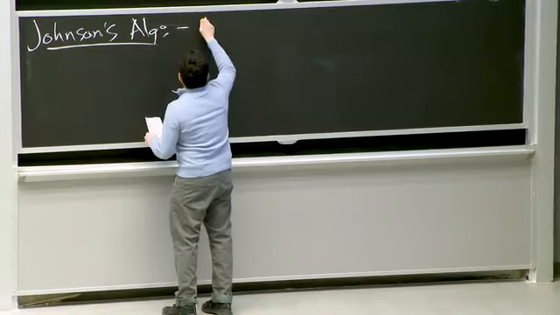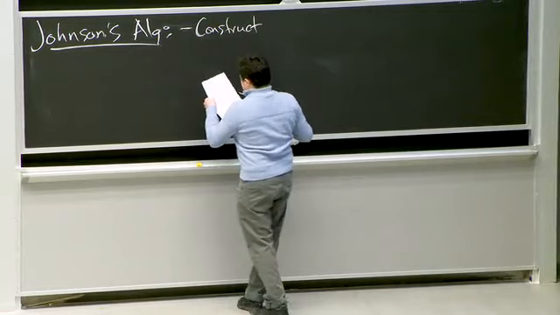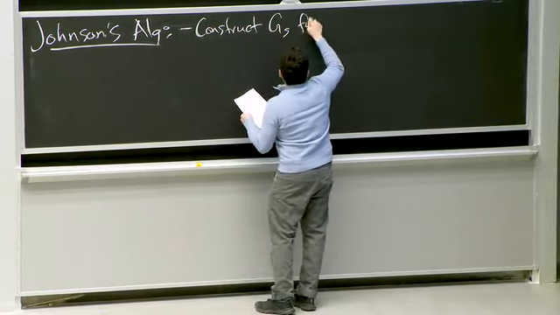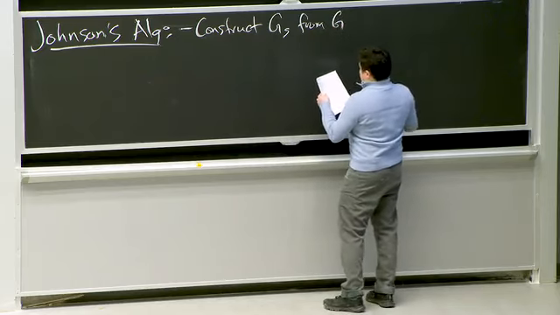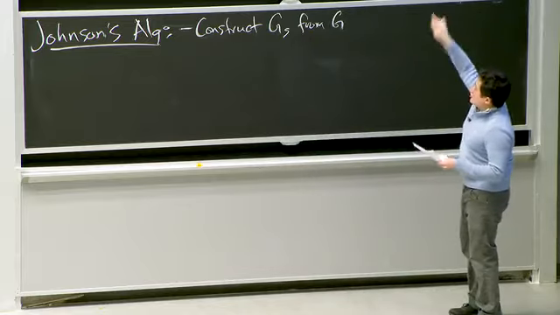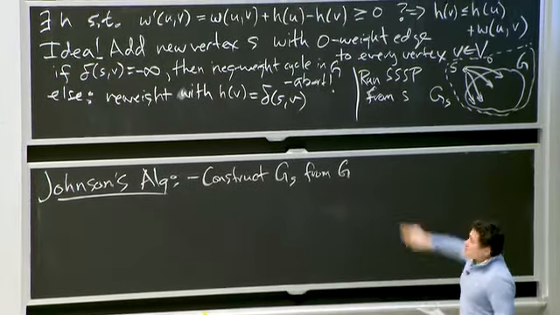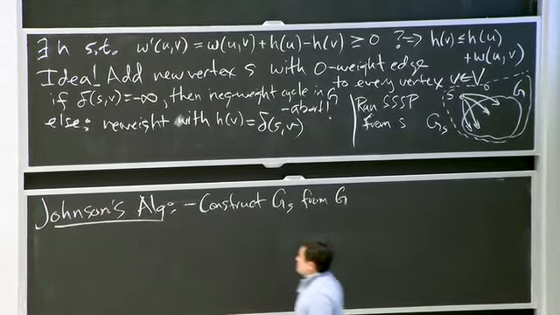So Johnson's algorithm, what are the steps? Construct G_S from G, just as up here. I make a new vertex S. I put a zero weight directed edge from S to every vertex. So that's the first step.